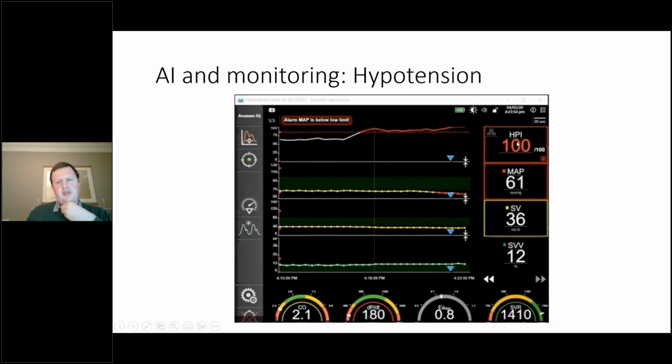But their hypotension predictive index crosses its threshold of 85 about 4 or 5 minutes earlier. And that gives you a period where you might be able to react, whether it be with fluids, inotropes, vasopressors, to avoid an event that is relatively likely to happen later on if you don't do anything about it.